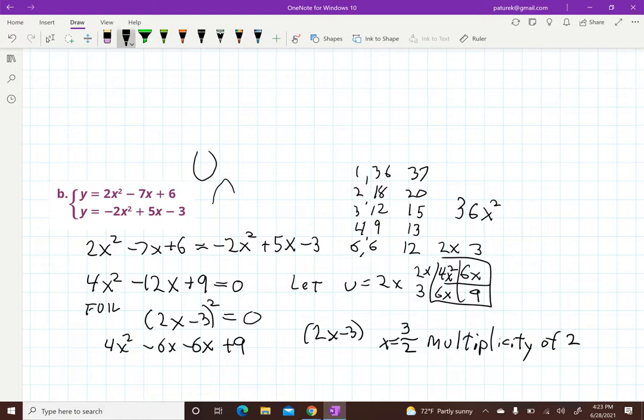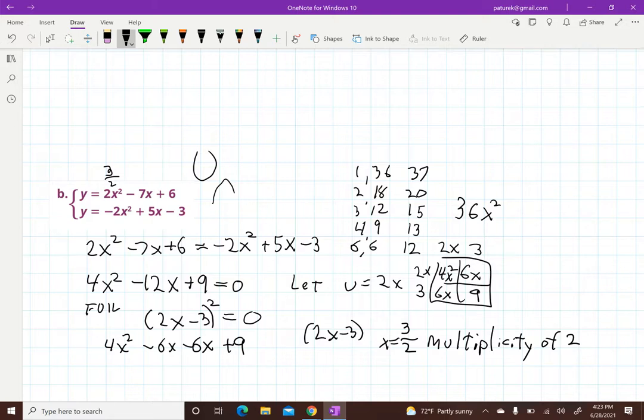But being crazy parabolas and quadratics that they are, that one point is a double hit. So it bounces. They bounce off of each other at one location. I think that's how you students would express it. And of course, you should check that back in the original expression, put in x equals 3 halves everywhere, and confirm that you get the same result out.